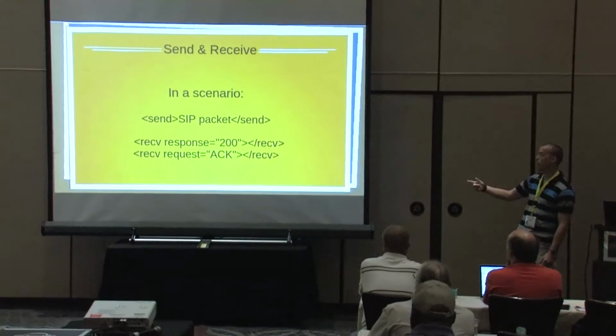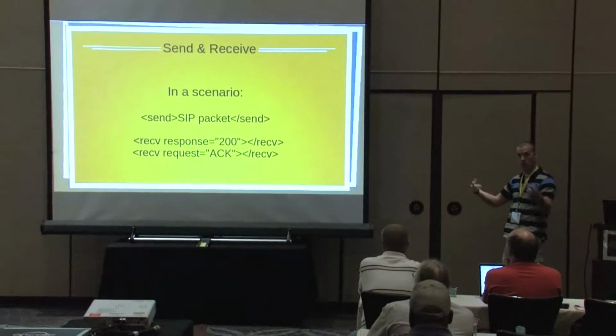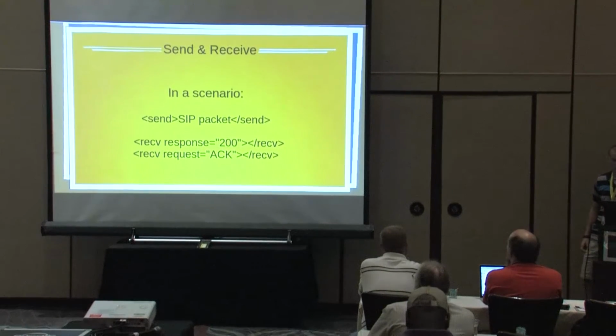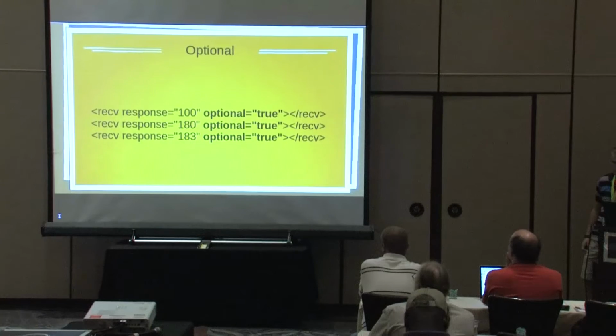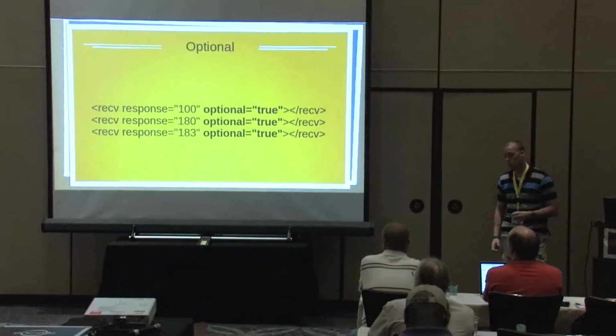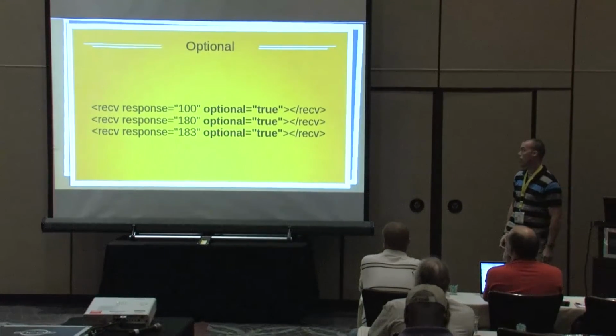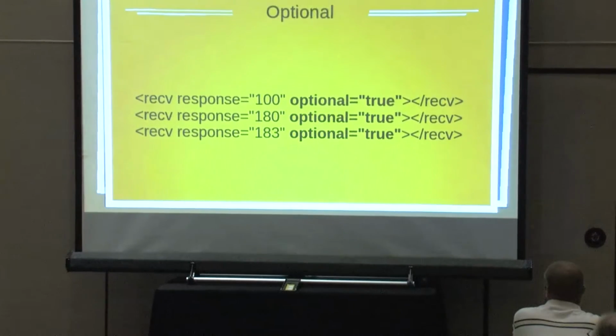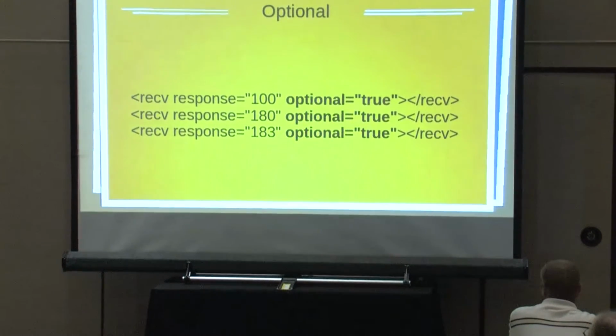So for the first flow, you're going to receive request INVITE, because the first initial opening of the dialog is the INVITE. I know some implementations out there do not send all the optional messages.